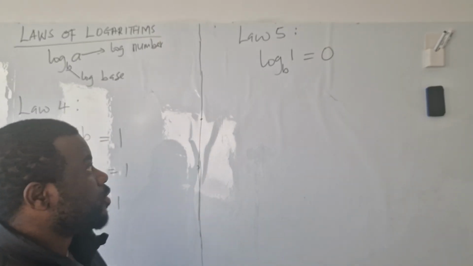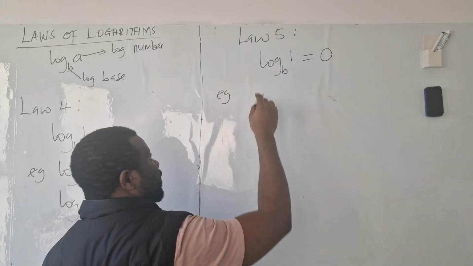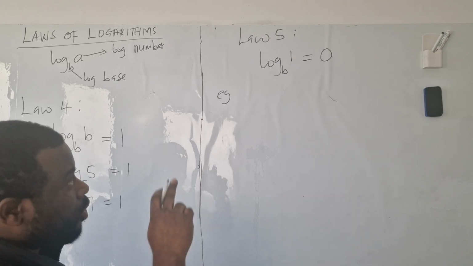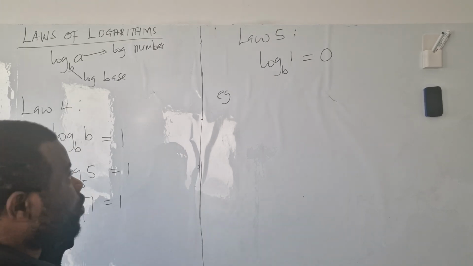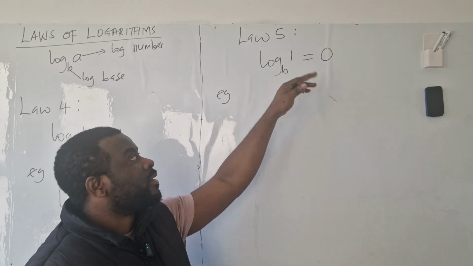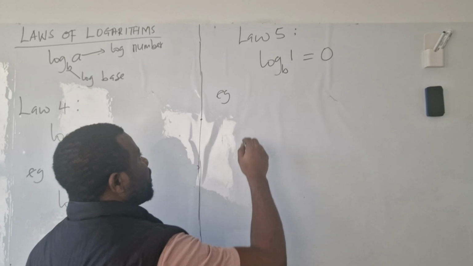So that is the fifth law. Once the log number is 1, whatever the base may be, it should always give an answer of 0.